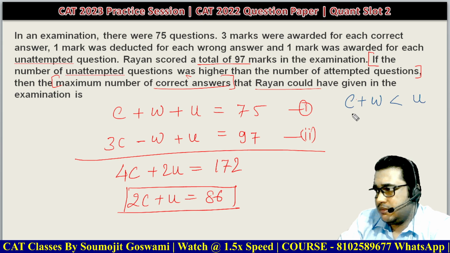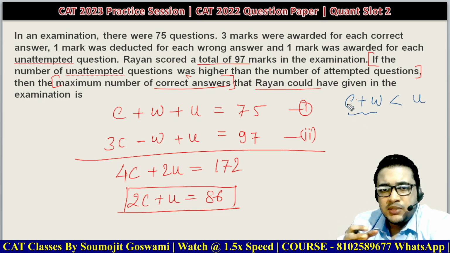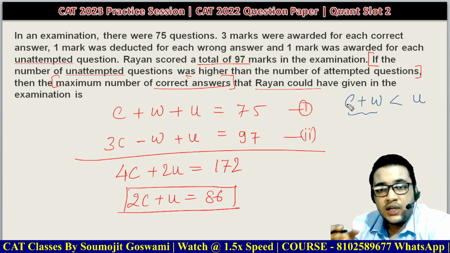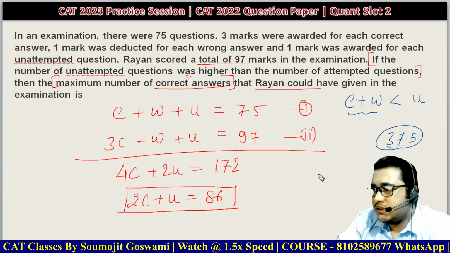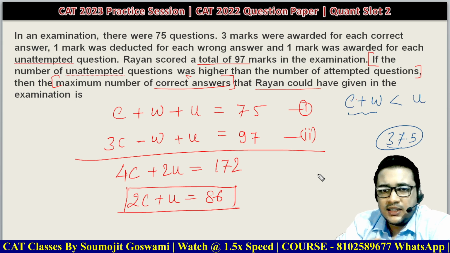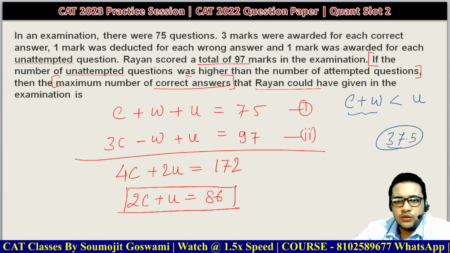Suppose I'm considering C plus W as a single entity. The maximum that C plus W, or that entity, and U would have occurred at half of 75, which is how much? 37.5. This is the understanding that you are supposed to take in the examination, that 37.5 is going to be the maximum when both of these quantities are equal.